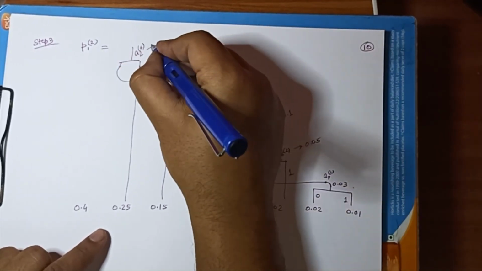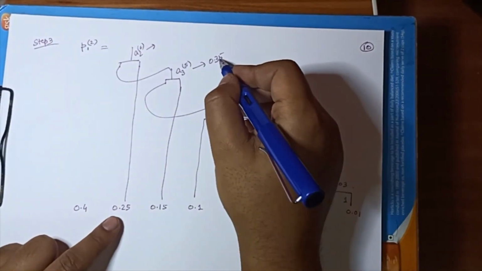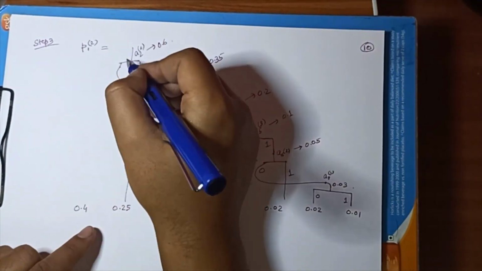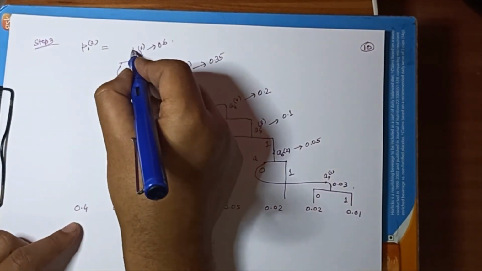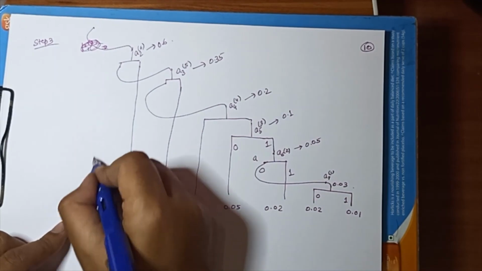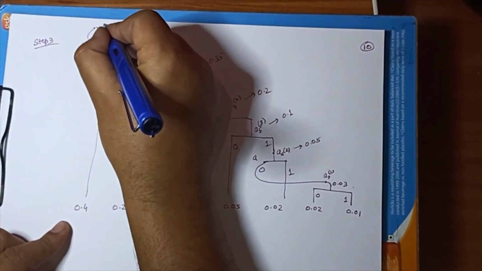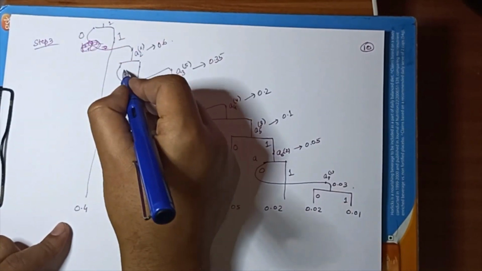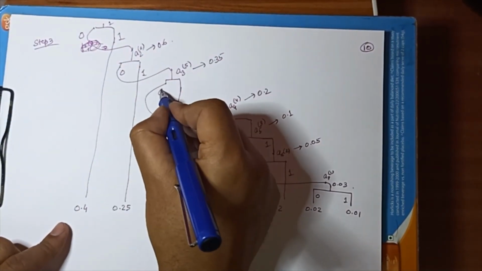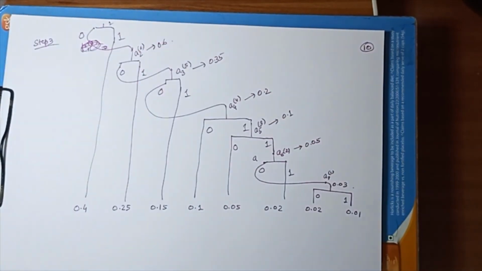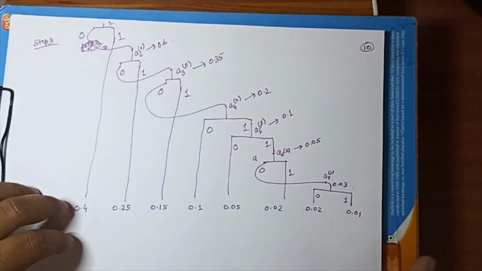This will come with a probability 0.25 and 0.35, which is 0.6, and this will be the largest now. So this will combine with this to give you the probability of 1. So here assignment is 0, 1, here assignment is 0, 1, here assignment is also 0, 1, here assignment is 0, 1. So this is the tree construction in every step, and we are doing the reordering. So I did it quickly.